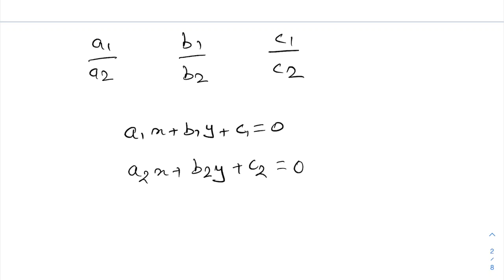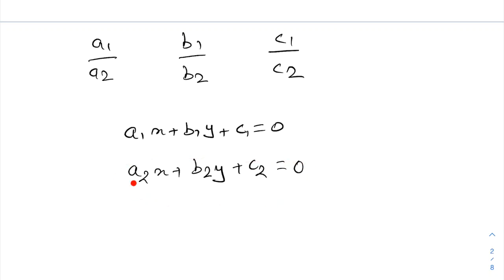Now this is the standard form of a pair of linear equations in two variables. From here, a1 is the coefficient of x, b1 is the coefficient of y and c1 is the constant term for the first equation, and similarly a2 is the coefficient of x, b2 the coefficient of y and c2 the constant term for the second equation.